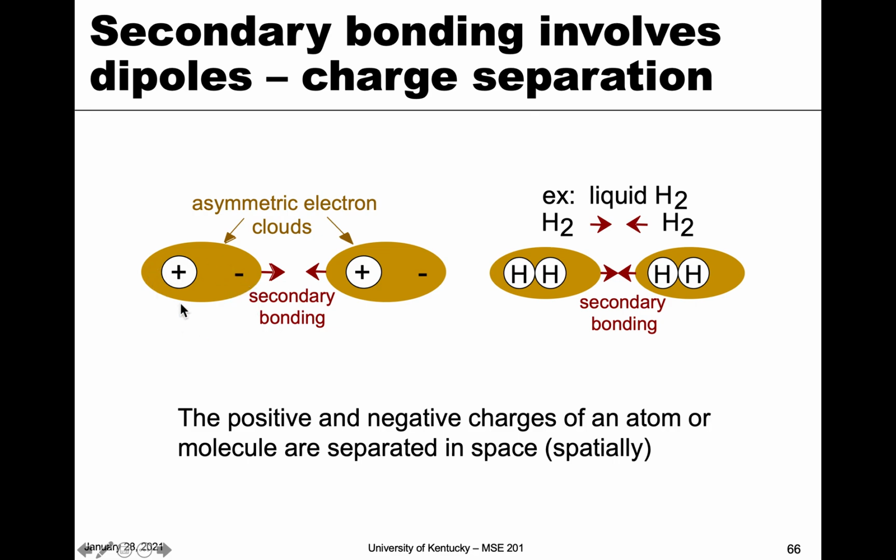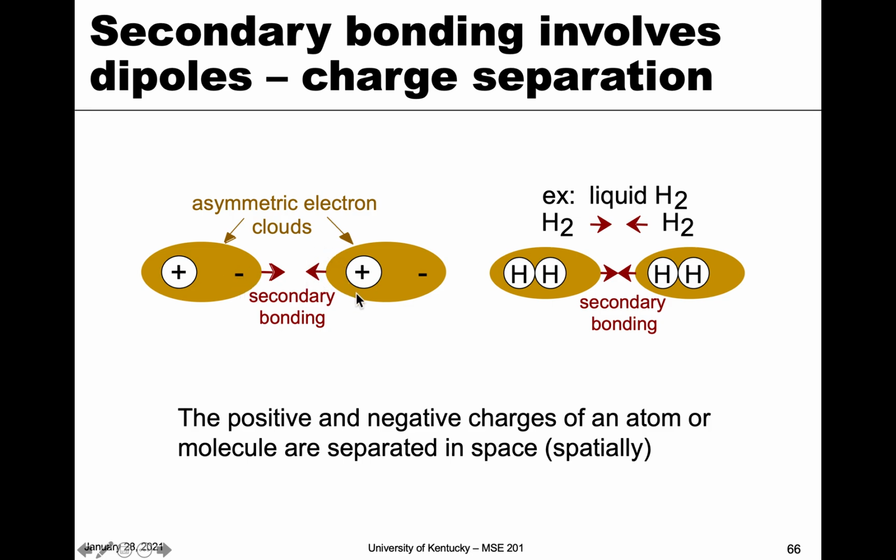And so if we look at this as a sum, then this left side is positively charged and the right side is negatively charged at this moment in time. If multiple of these dipoles get together, then the negative sides are going to be attracted to the positive sides, right?